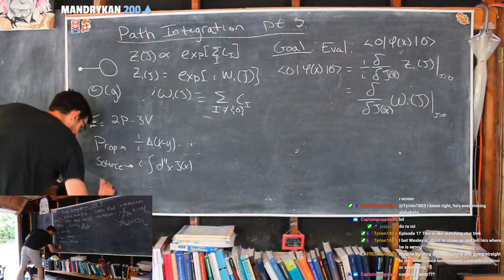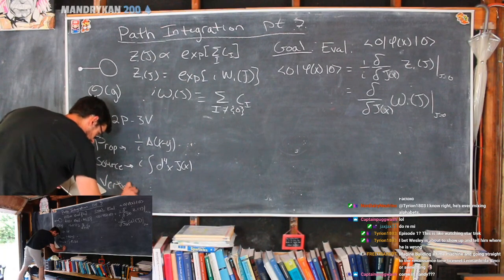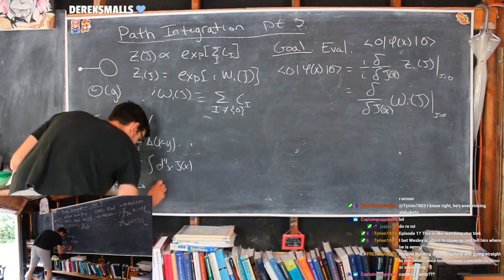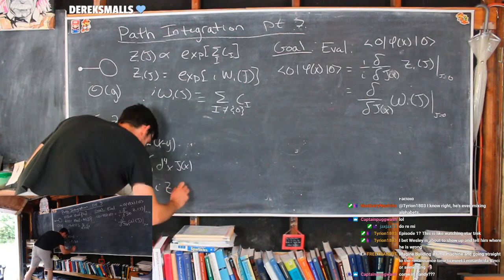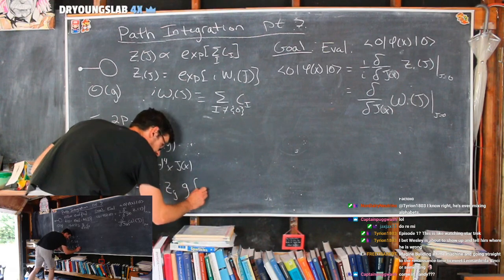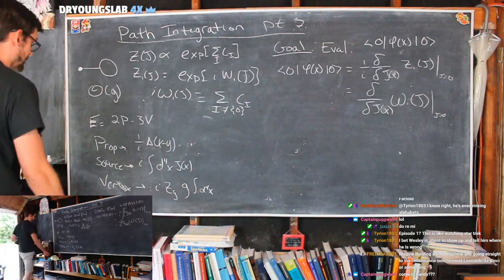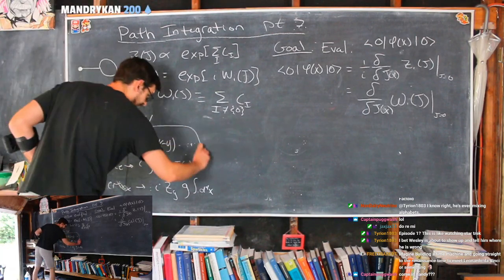And then the vertex is i, g times g, and then the integral of d^4x. Now, these are our little Feynman rules for our little toy Phi-cubed theory.